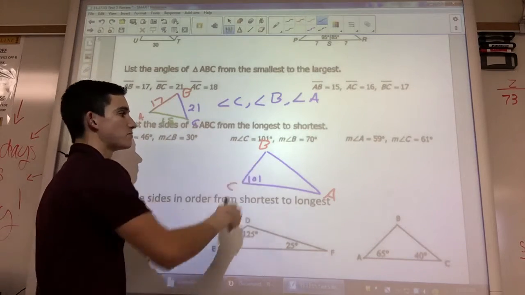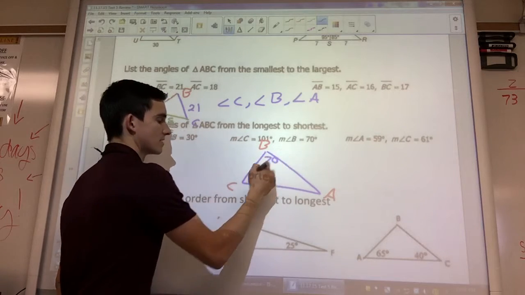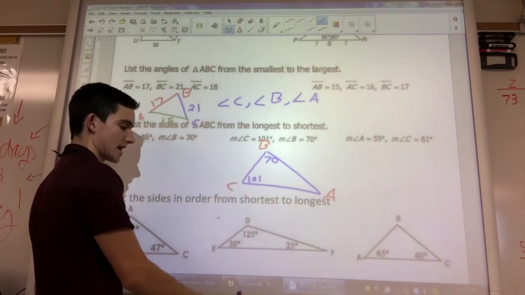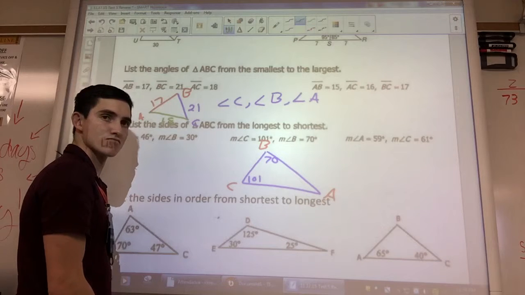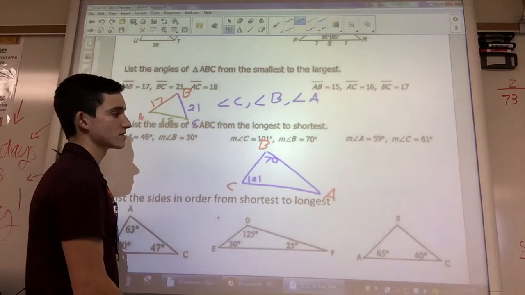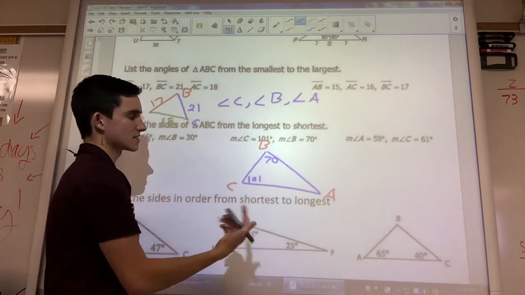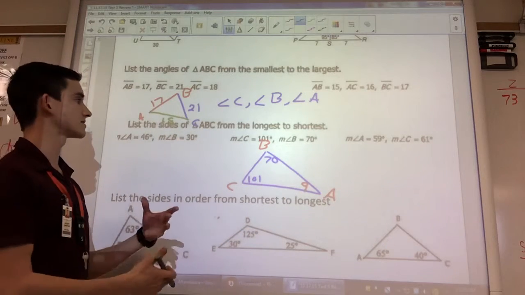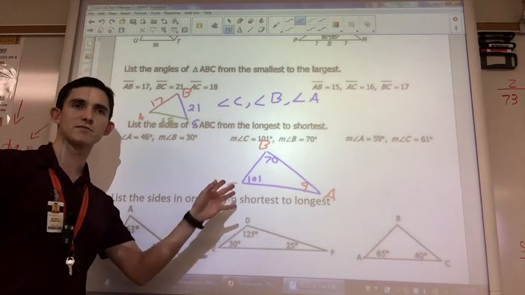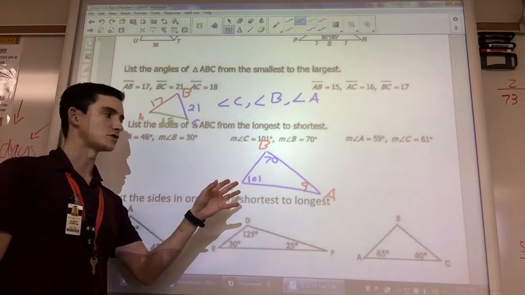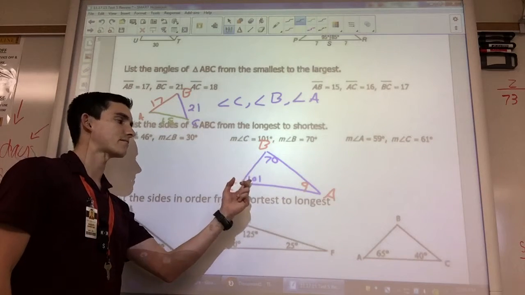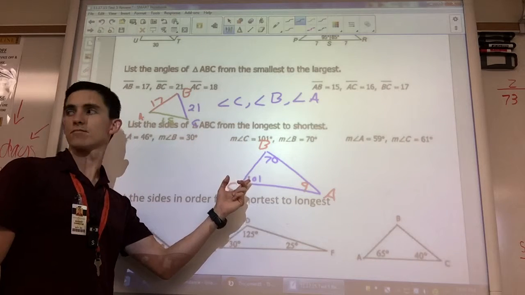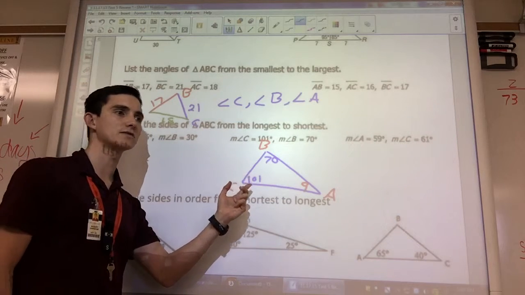It says that B is 70. So if that's 101 and that's 70, then what's A? It's actually just 9, right? Now you need to do that in order to list the sides from longest to shortest. Does this make sense so far, though? Do you see how this triangle looks nothing like that being 101 degrees? But it doesn't matter. It's using the logic that matters.